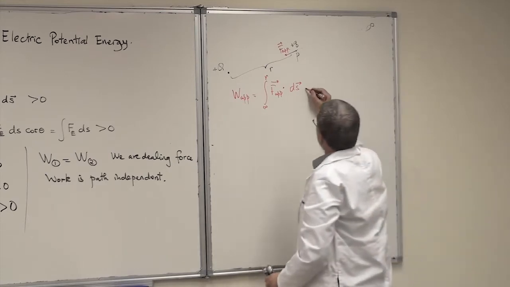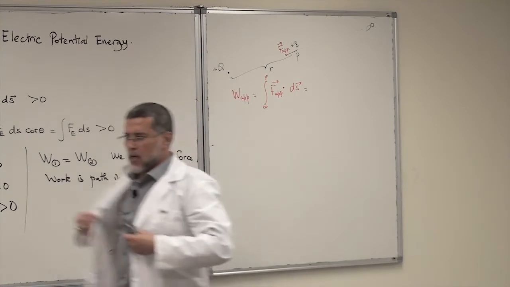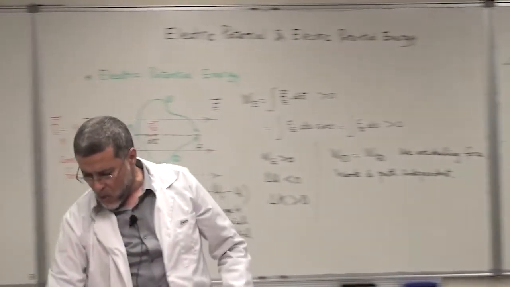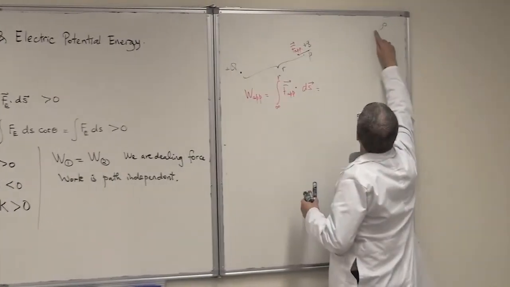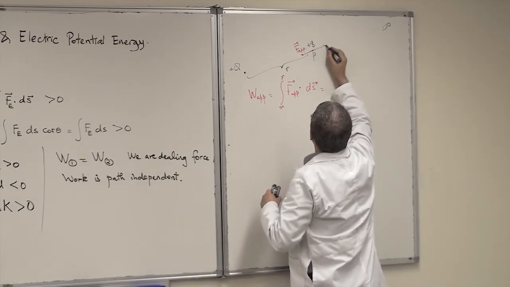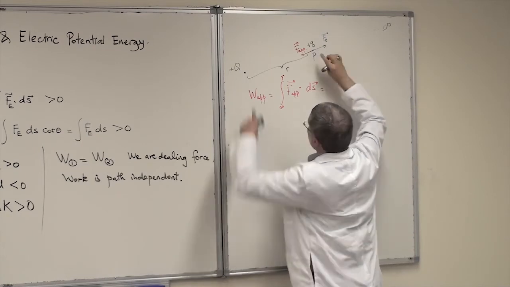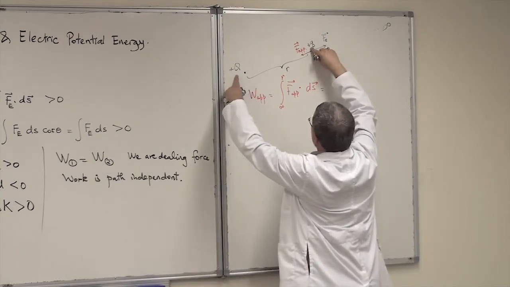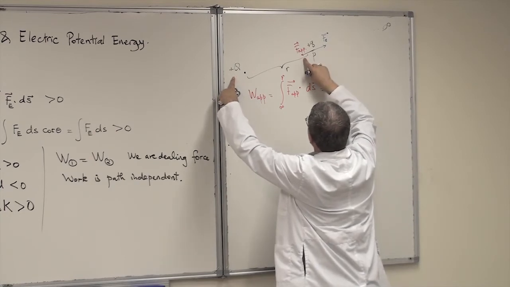Now, I'm going to bring it in a way that requires minimum effort, or minimum work. So I'm going to bring it at constant speed, which means, be careful, there's another force here, the electric force, and it is opposite. Because the two charges are positive, the electric force will be in this direction, and the applied force will be in this direction.